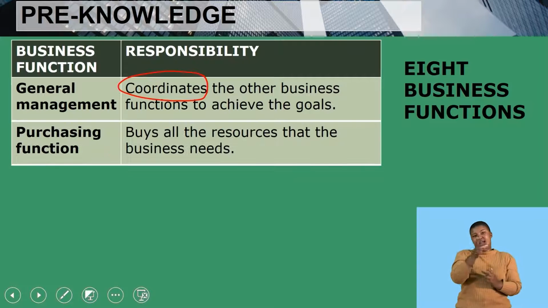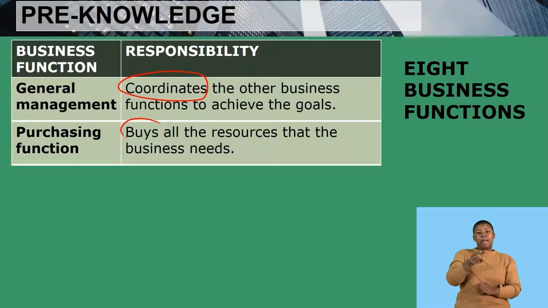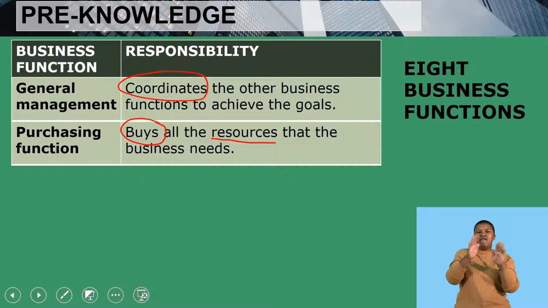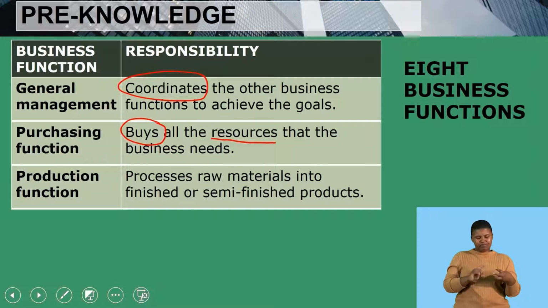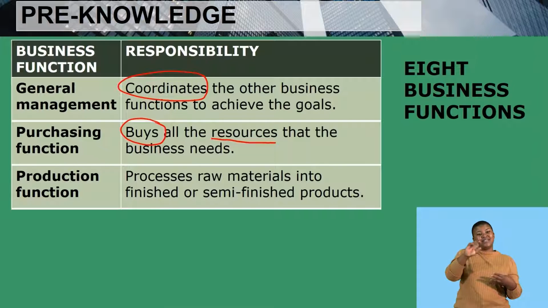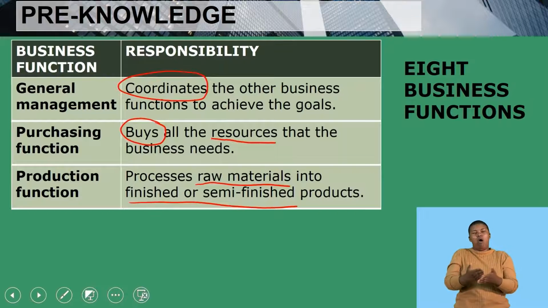Then we have the purchasing function, and their responsibility is to buy all the resources in the business. Our next function is our production function, and they will process all raw materials into finished or semi-finished products.